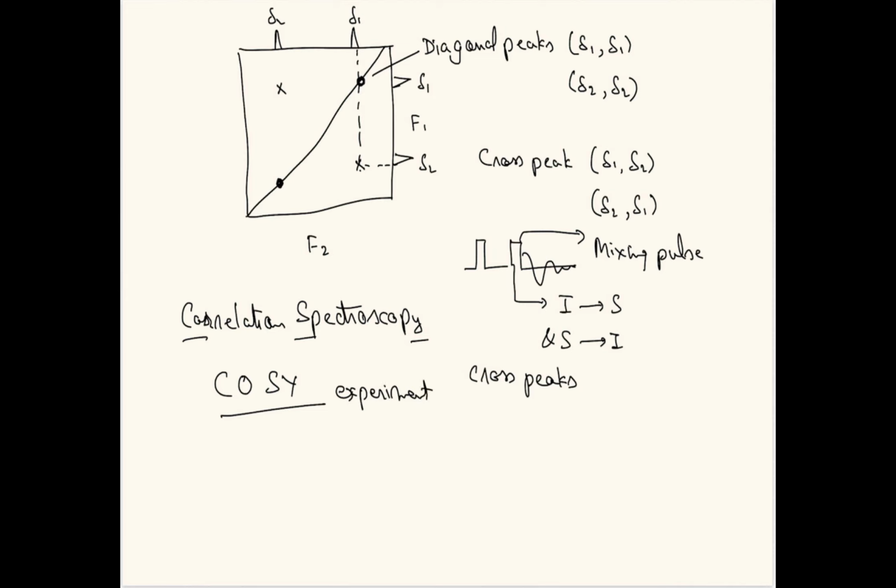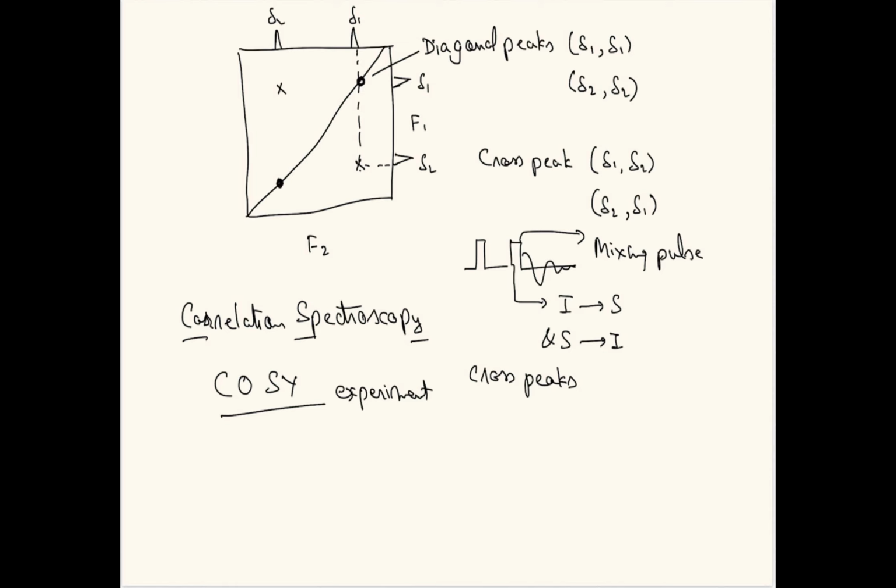Correlation spectroscopy stems from this particular pulse program where two coupled spins show up a cross peak. This is a very extensively used experiment in a lot of pulse programs, and is a very, very important experiment in characterizing biomolecules.